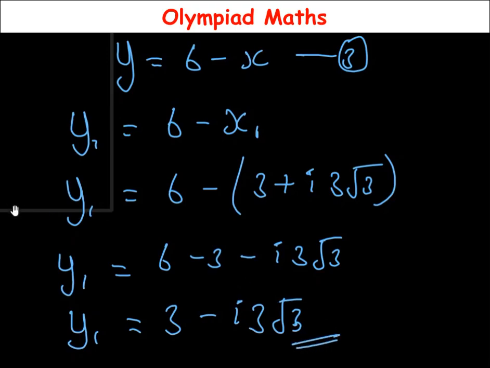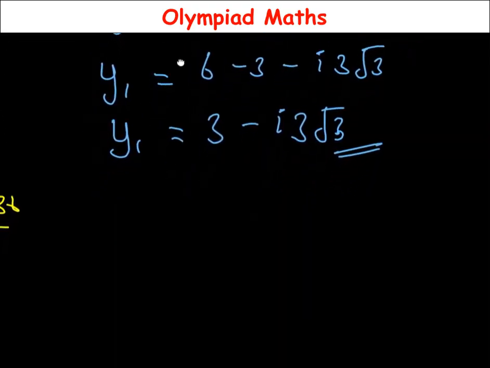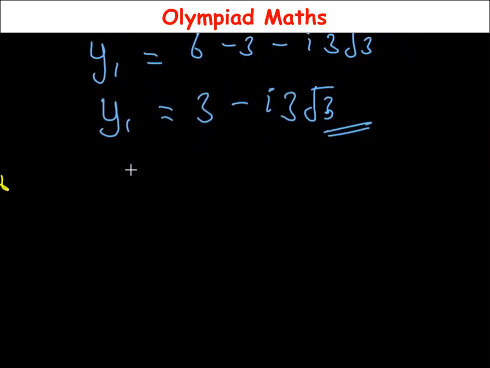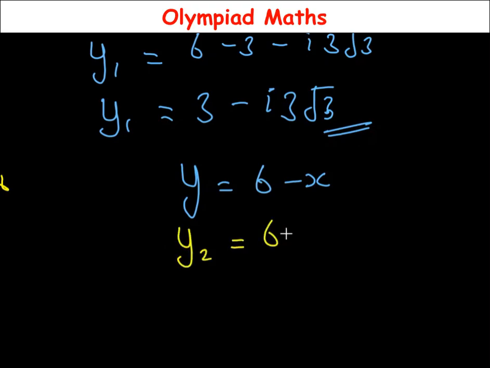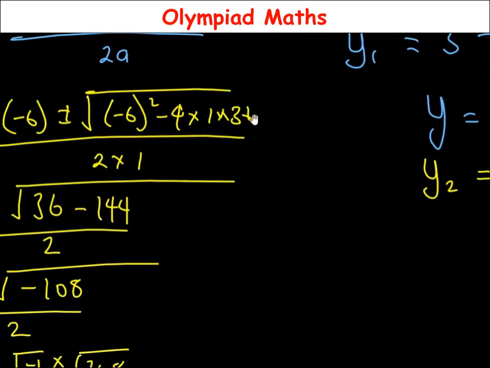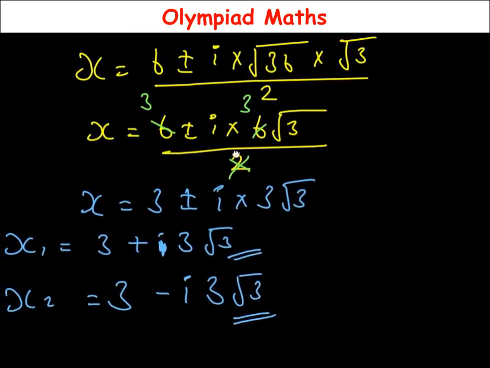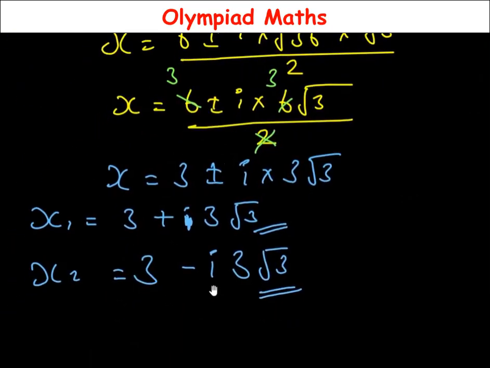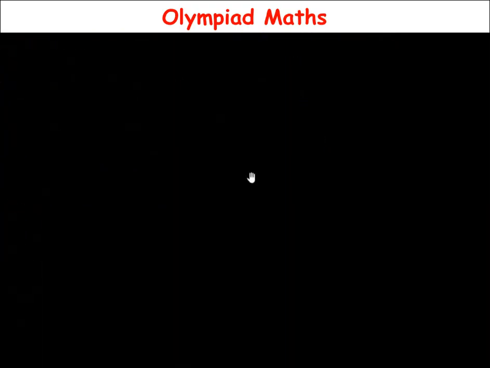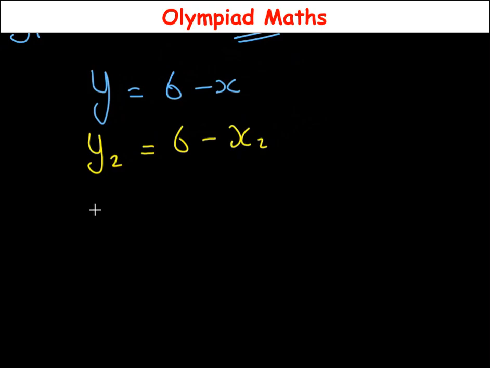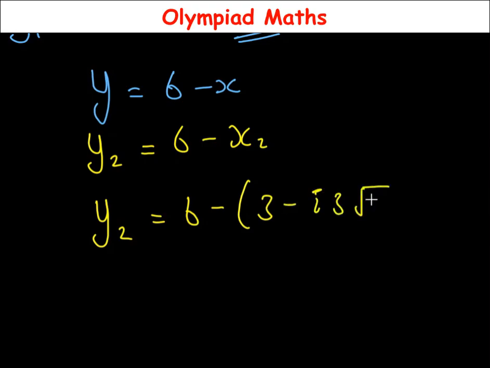Okay, but that is not all. Let us then solve for the value of y2. So from equation 3, which is y is equal to 6 minus x, therefore y2 is equal to 6 minus the value of x2. And the value of x2 that we got is 3 minus i times 3 root 3. So the value of y2 equals 6 minus in bracket 3 minus i times 3 root 3.